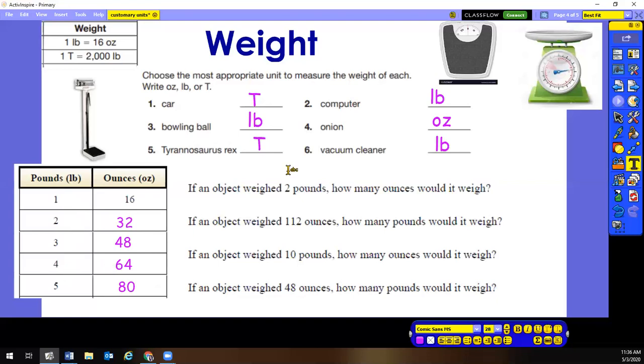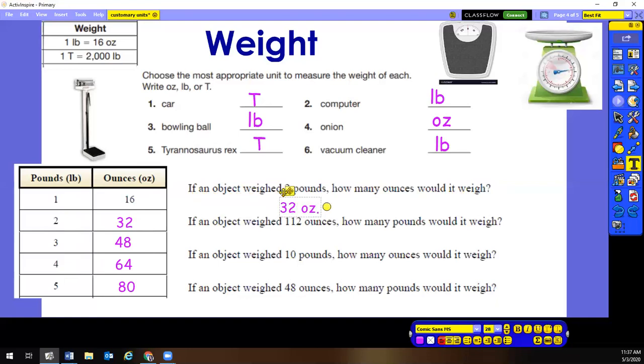All right, so let's answer our questions over here now. If an object weighed 2 pounds, how many ounces would it weigh? Well, we can go back to our chart here, and we know that 2 pounds is exactly 32 ounces. Or we can multiply in our head because we know we're going from large pounds down to small ounces. So 2 times 16 is 32 ounces.